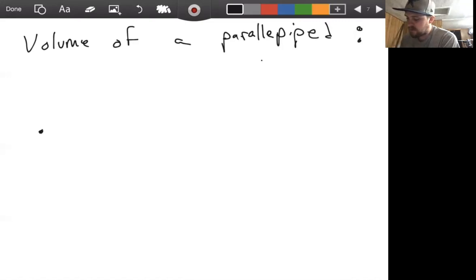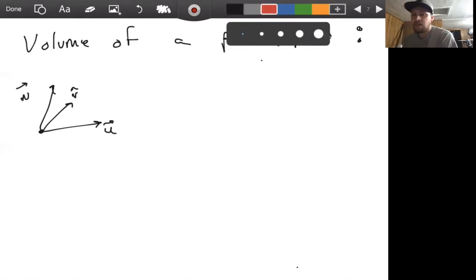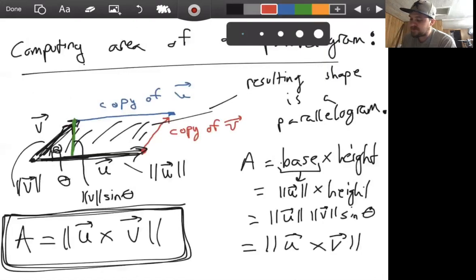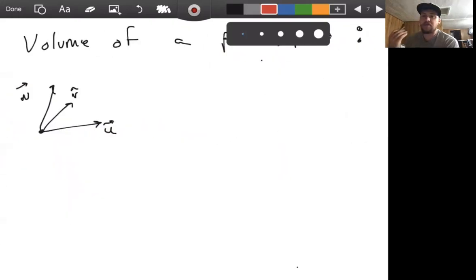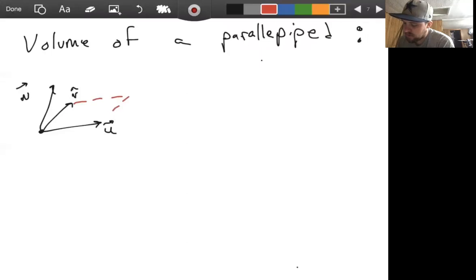So if we have, let's say, vectors u, v, and some third vector w here, just as we took the span of the vectors u and v and traced out a parallelogram, well, now we can take the span of u, v, and w, and we can get a 3-dimensional shape called a parallelepiped here.